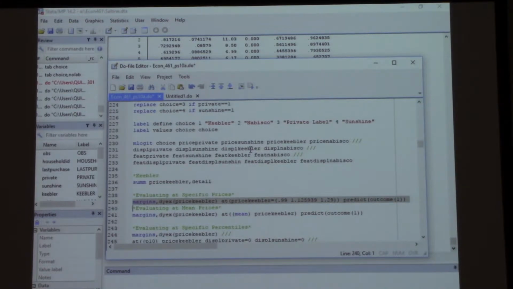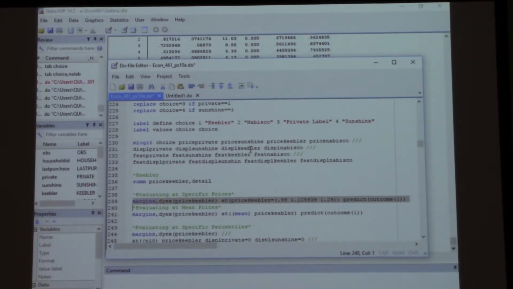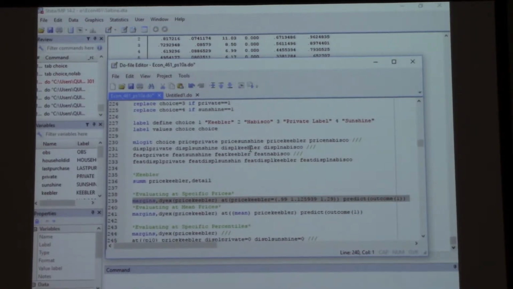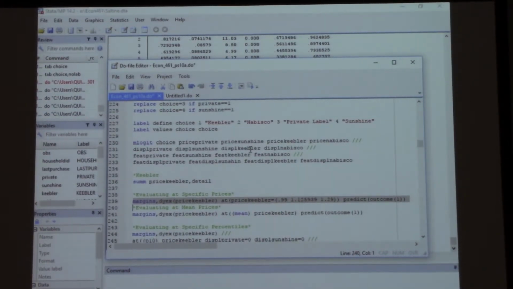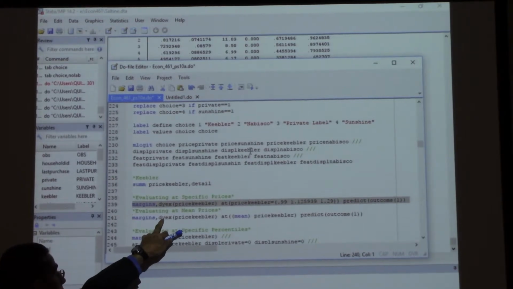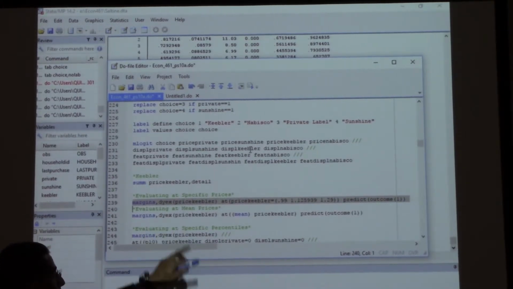You don't want to put a percentage here, because you don't want to analyze the percentage change of a probability, which is already a percentage. To me, that's awkward. I don't know if textbooks actually call them quasi-elasticities. We can get it pretty easily by changing this from a dydx to a dyex.